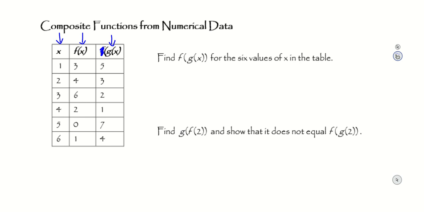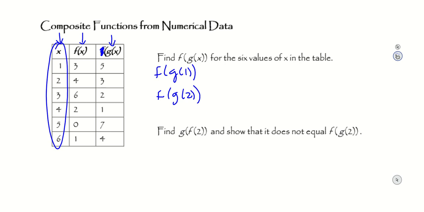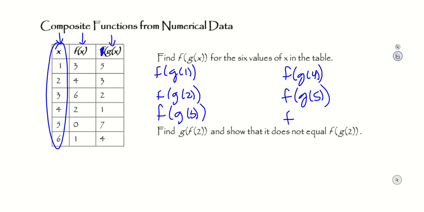So I want to find f of g of x for the 6 values in the table, which means I want to find f of g of 1. I want to find f of g of 2, right? Getting these from here. F of g of 3. I'm going to find f of g of 4, f of g of 5, and f of g of 6.